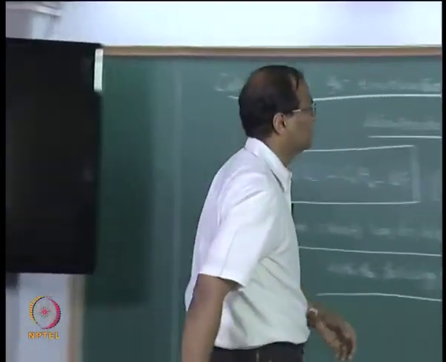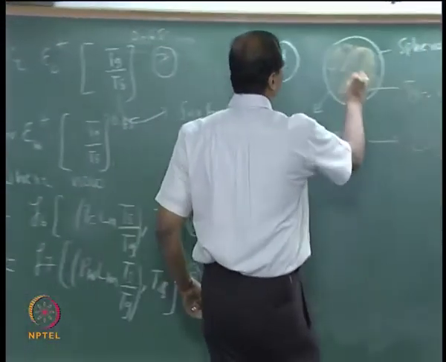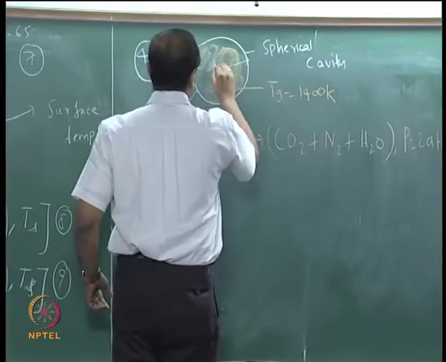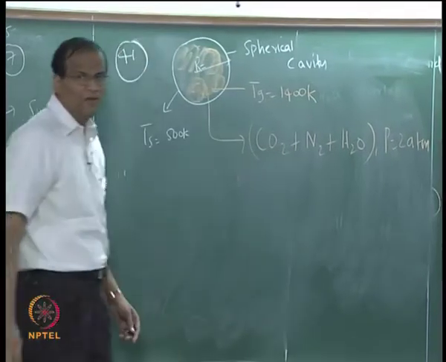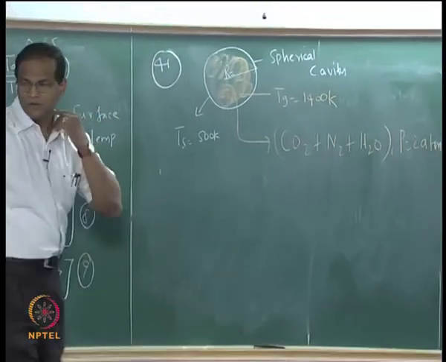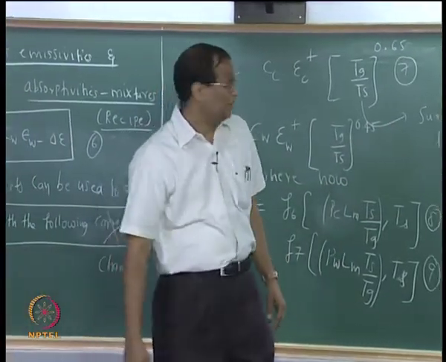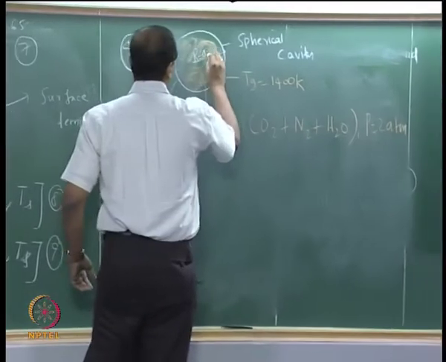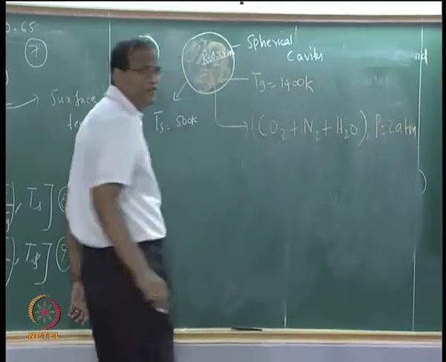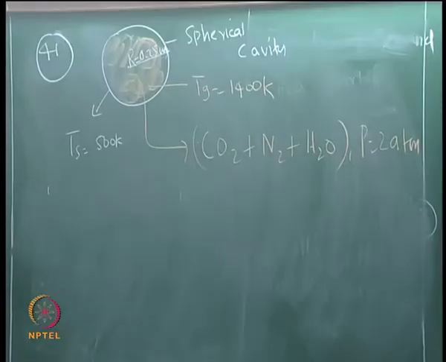So what is R equal to? Did I give 0.5 meter? Okay. What is the first step? Mean beam length, very good.